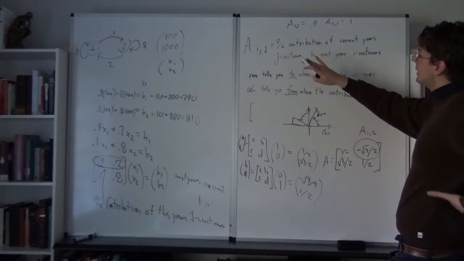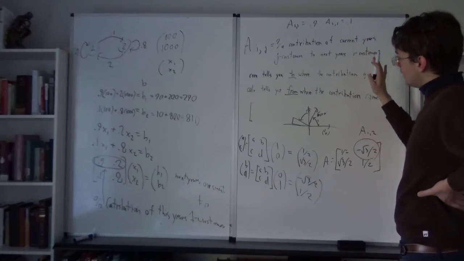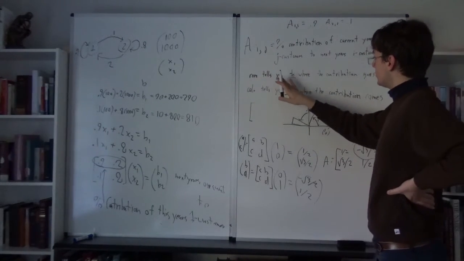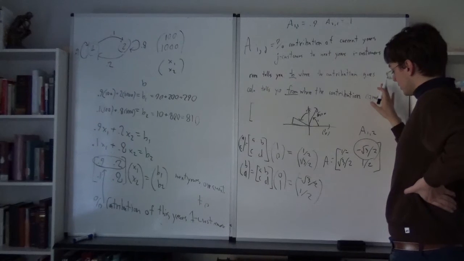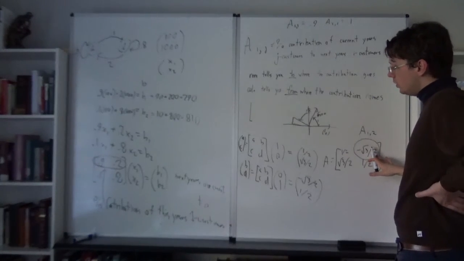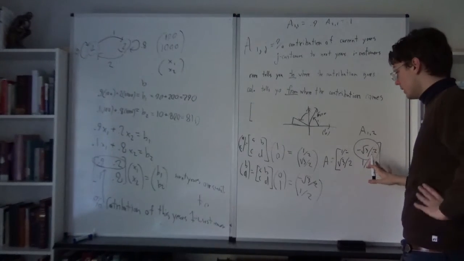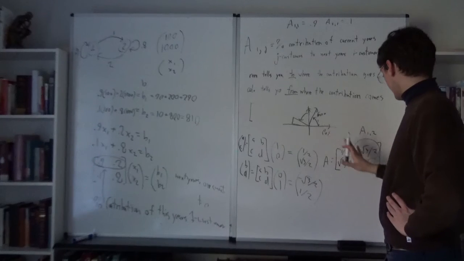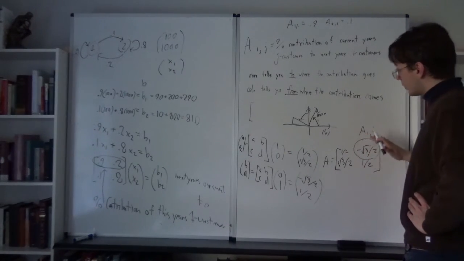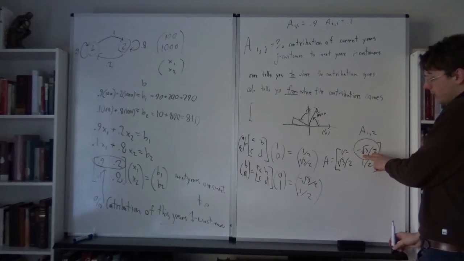So, analyzing it this way, it's percent contribution of, let's see, row tells you to where the contribution goes. So that means it's going to affect the new first coordinate, the new x point. And 2 tells me the column, so from where? That basically says this came from the y-axis.